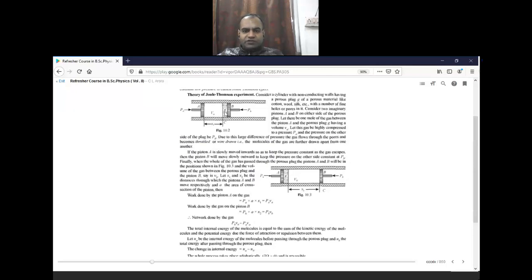Consider a cylinder with non-conducting walls having a porous plug G. Okay, so G in the figure is the porous plug. It has non-conducting walls. The porous plug G has porous material like cotton, wool, silk. These are not very continuous materials.